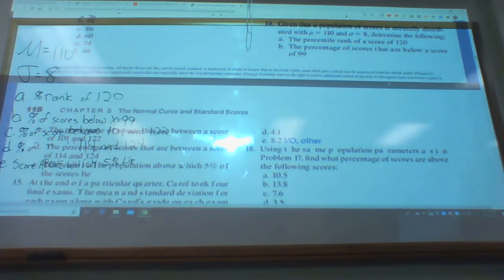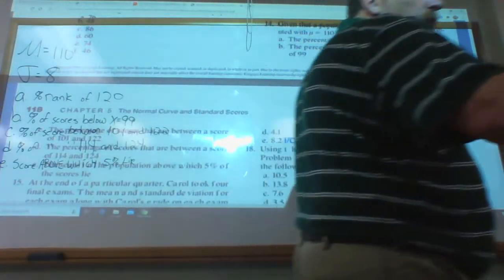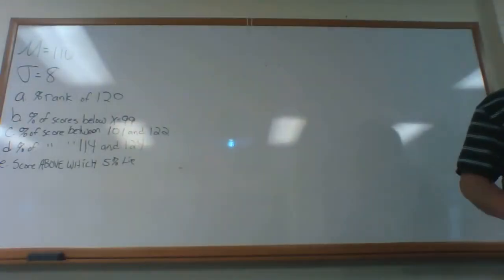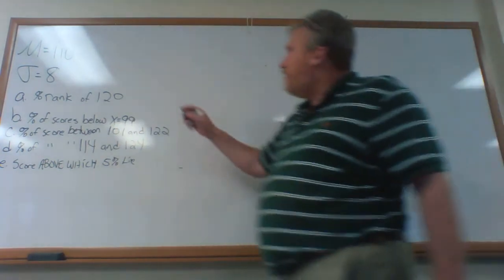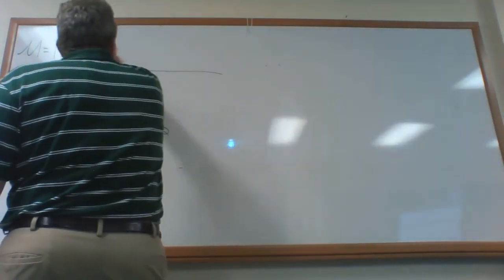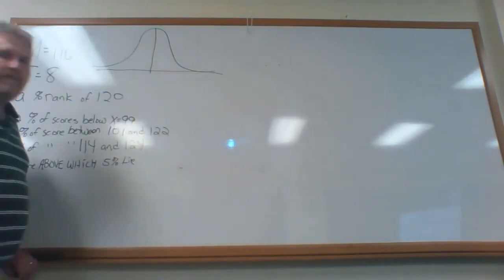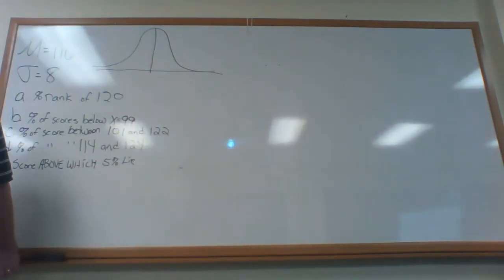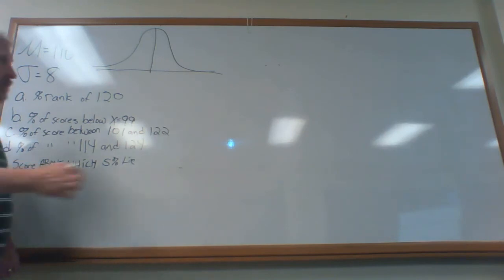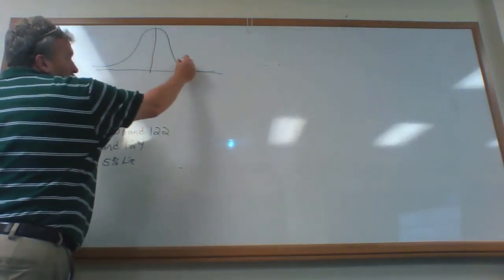E: the score above which 5% of the scores lie. Now, what is that saying? If 5% of the scores are above it, where must it be on this distribution? Yeah, way out here quite a ways, correct?